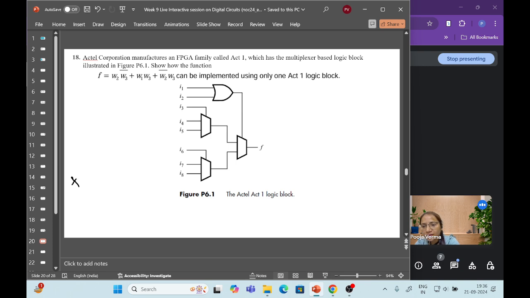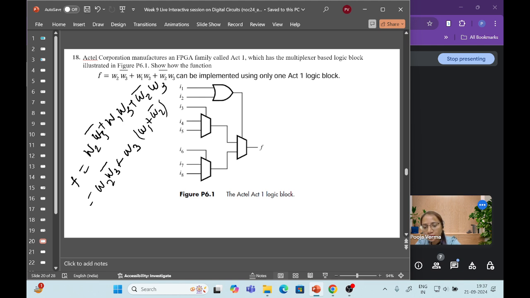The logic function is given as w2 w3 dash plus w1 w3 plus w2 dash w3. So w2 w3 dash plus, we can take w3 common, so w3 times (w1 plus w2 dash).